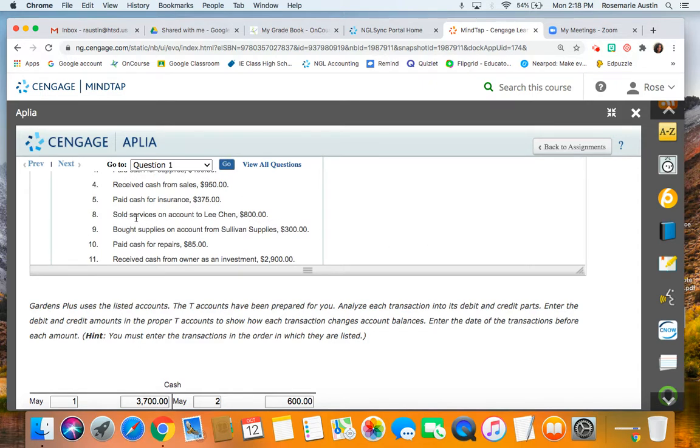May 8th, sold services on account to Lee Chen, $800. So you sold services. You made a sale. So sales is going to be one of the accounts. The other one is, well, you sold services on account to Lee Chen. That means he did not pay you cash. So he becomes an account receivable for you. Accounts receivable are assets that increase on the debit side.